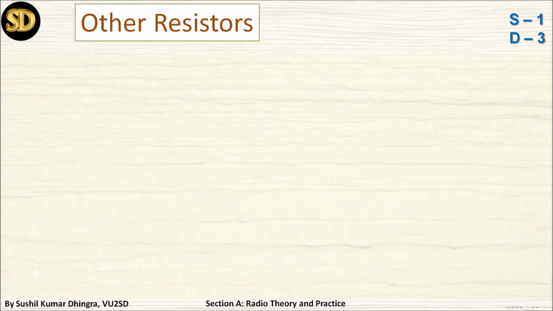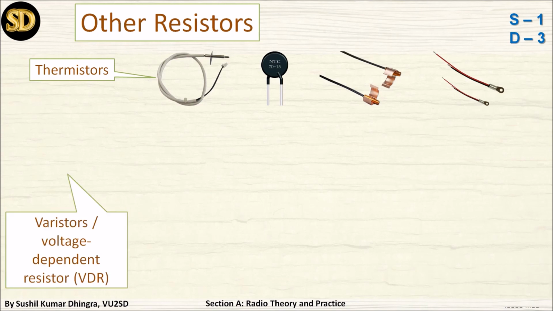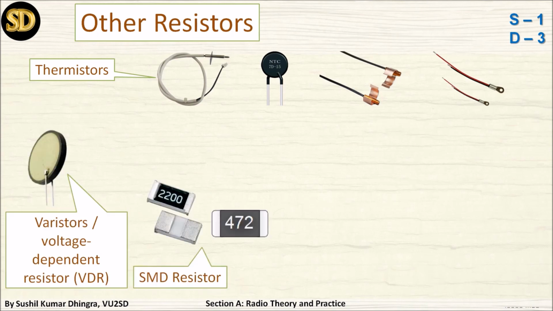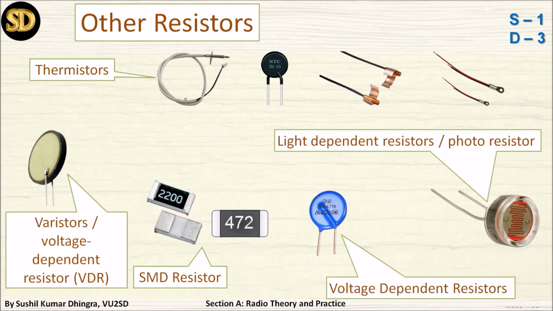Other resistors are thermistors, which depend on different parameters like temperature, voltage, SMD surface mount devices, voltage dependent resistors, light dependent resistors, or we can say photoresistors. They depend on various parameters. I'm not going to cover it. If you want to know about it, I will cover it separately. And also the magnetoresistor is part of the different types of resistors.